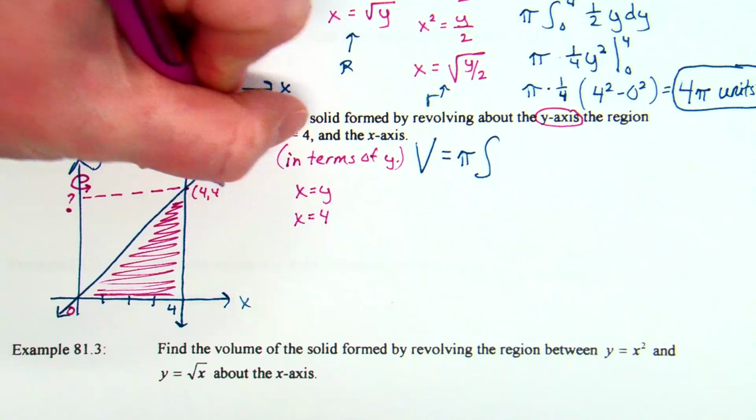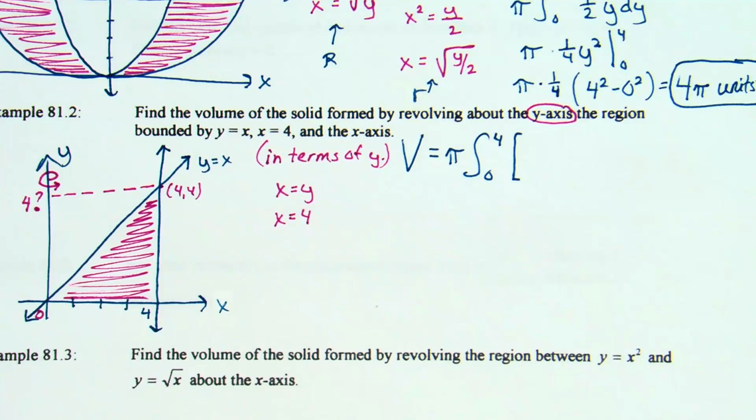Now, remember, we're going around the y-axis. So, big radius squared minus little radius squared. As we rotate the triangle, it's going around the y-axis, right? Can you visualize this?